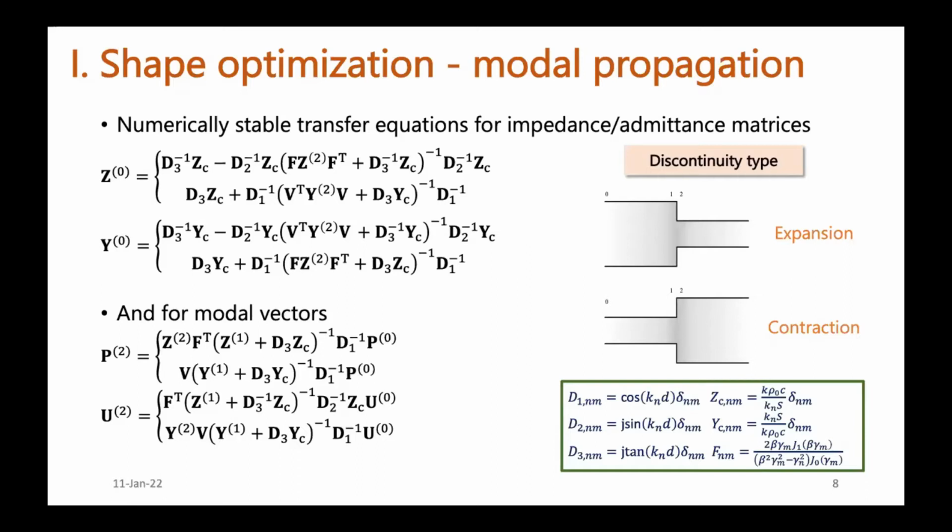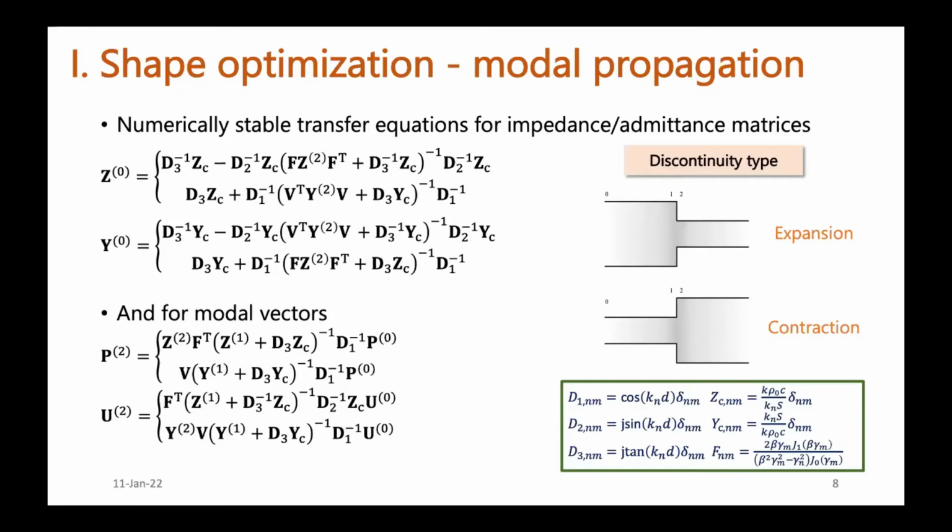And in terms of the impedance or admittance matrix, we should propagate it from position 2 to position 0. And these 4 different equations represent different cases.